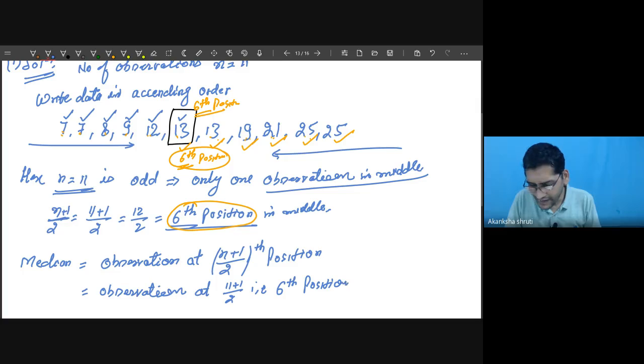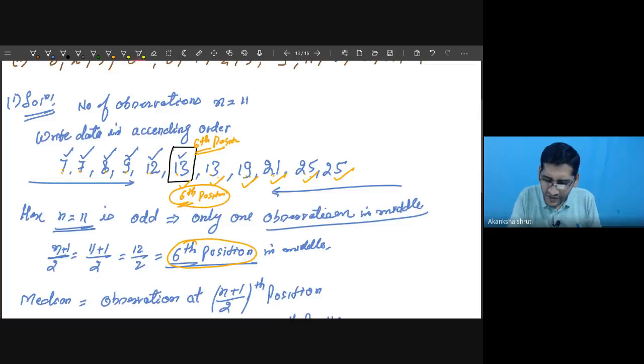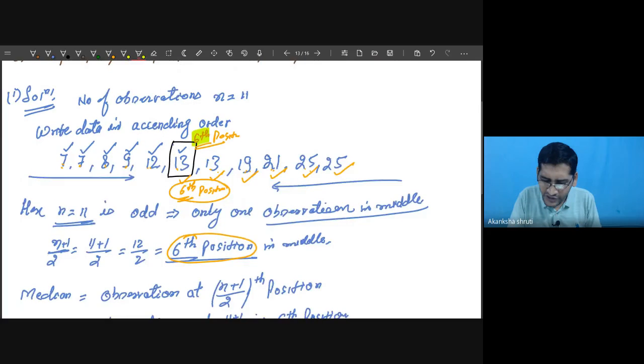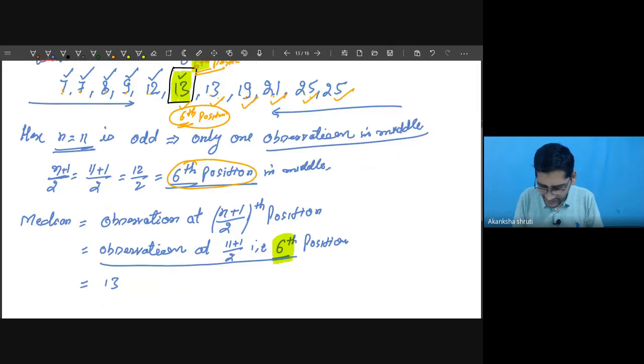So student, keep in mind, this 6 is not the median, but at the sixth position, what is the observation? Here we observe that at the sixth position the observation is 13. So 13 is the answer, and 13 is the required median.